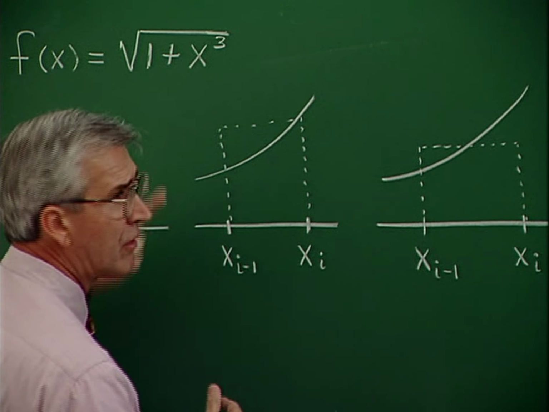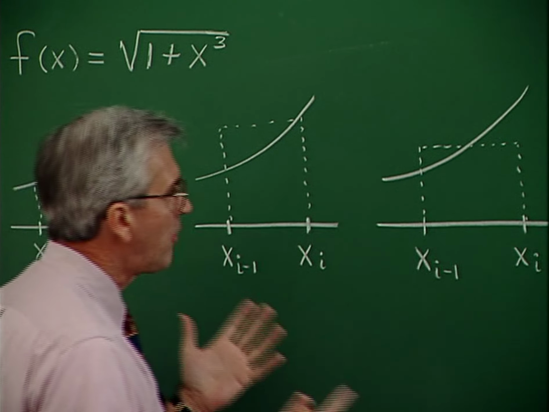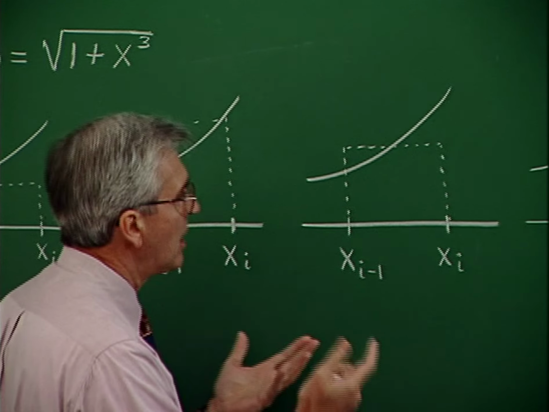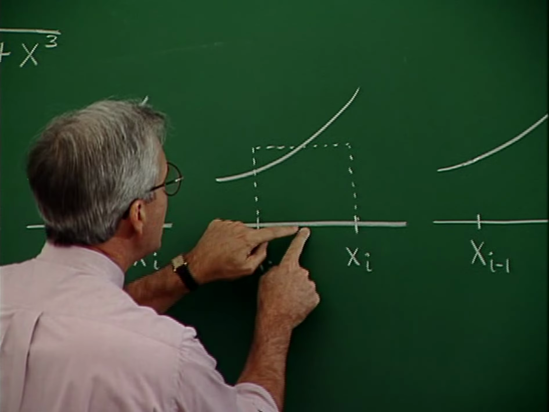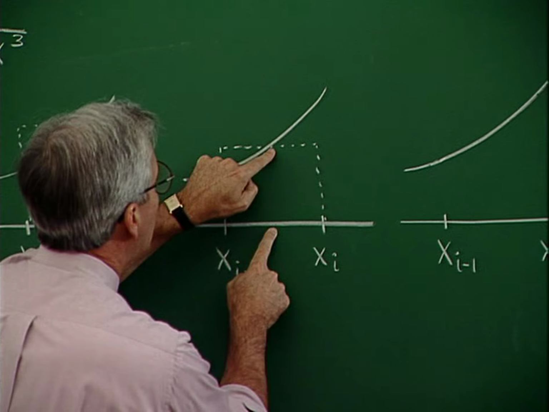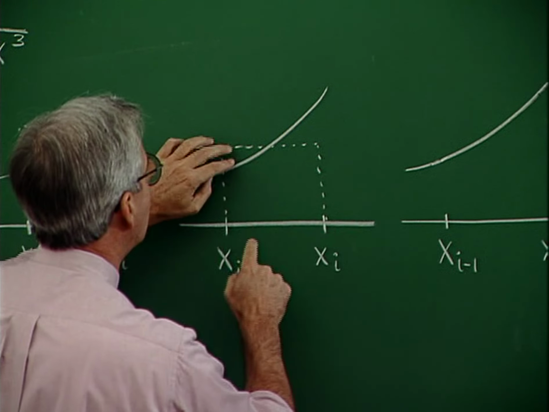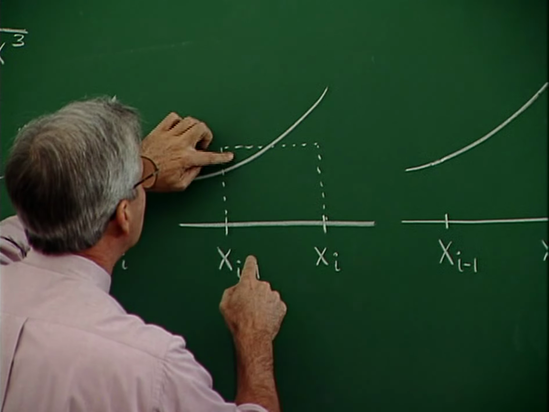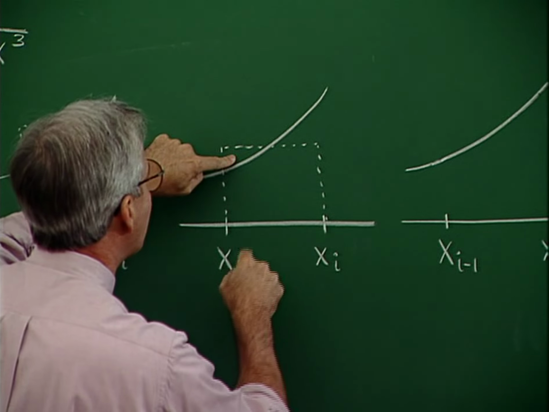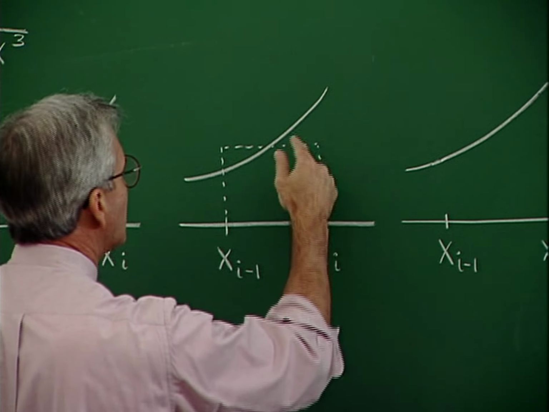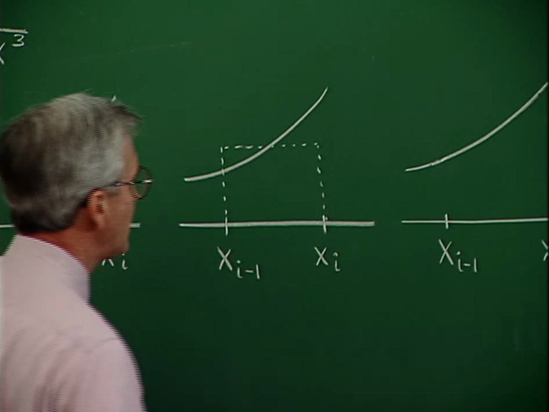This area is not under the curve. Using the midpoint gives a better approximation, but even if we use the midpoint of our rectangle, we still get some value over here that we don't want. This is a pretty good approximation, it looks like.